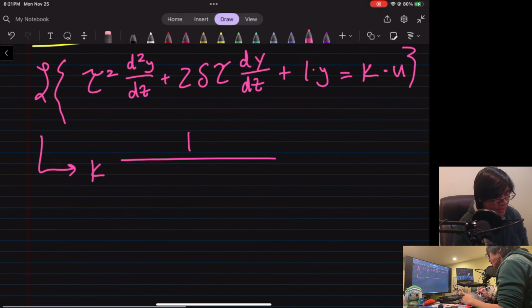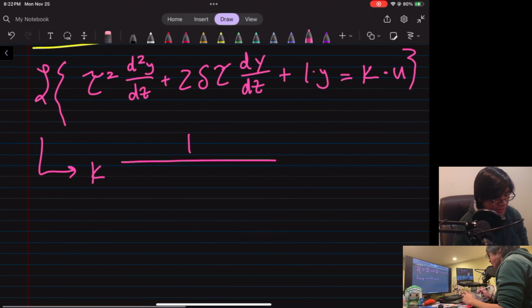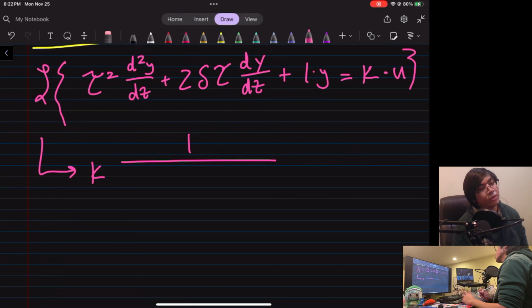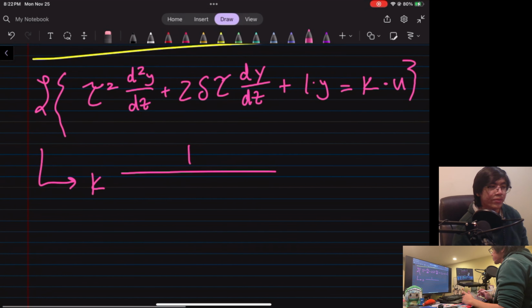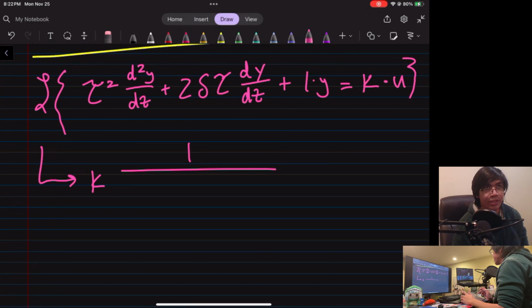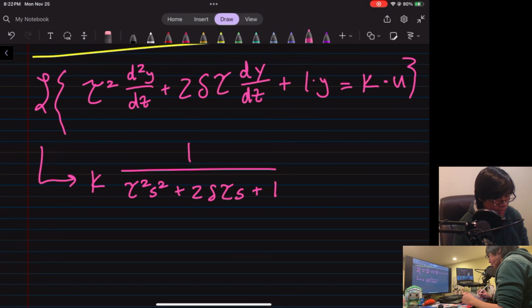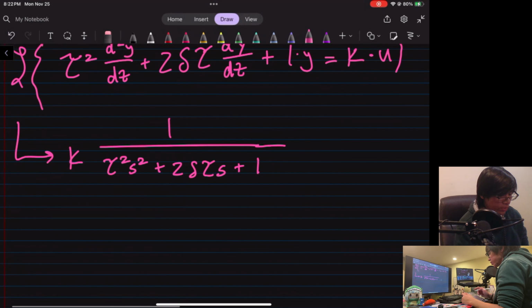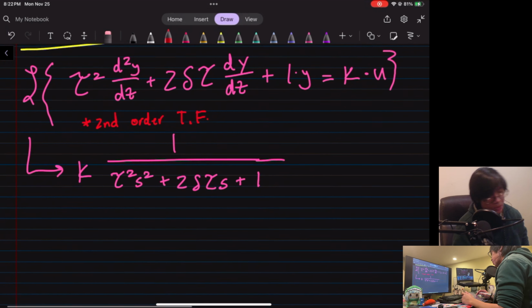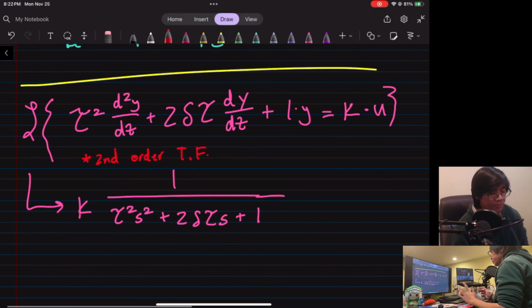Since we're going to do some manipulation here later on, the differential variables kind of show where the s for the Laplace domain comes from. So it'll actually be tau squared s squared plus 2 zeta tau times s plus, not s but 1. So that's our second order transfer function general form. And again, that comes from our second order differential equation, taking the Laplace of that.